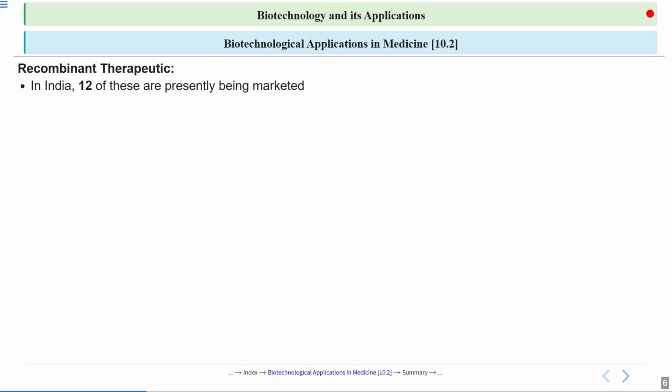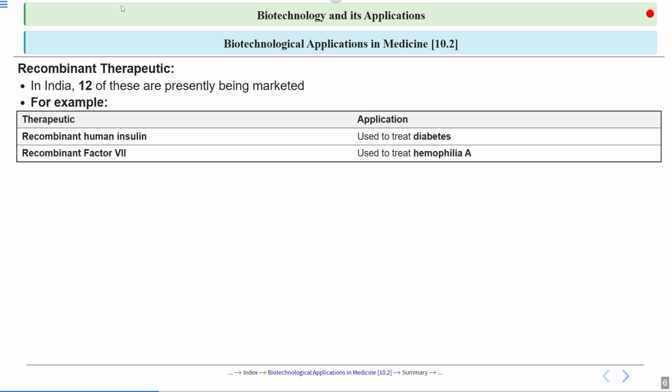So among the 30 recombinant therapeutics all over the world, 12 are present in India and are being marketed. For example, recombinant human insulin is used to treat diabetes and is marketed in India too. Second is recombinant factor 7, which is used to treat hemophilia.